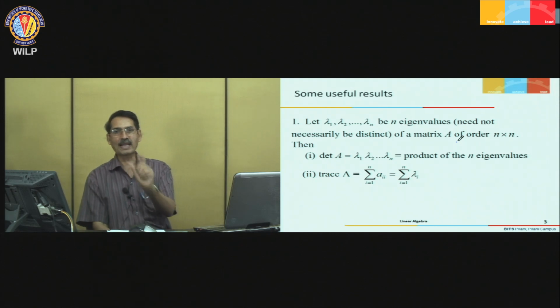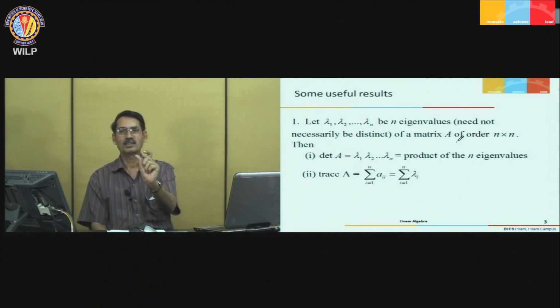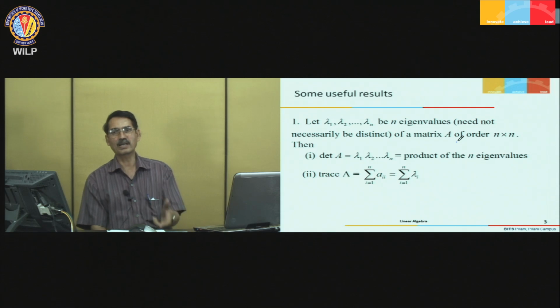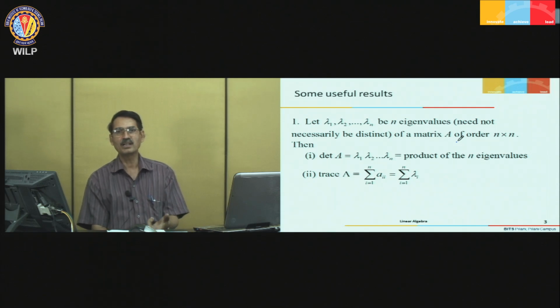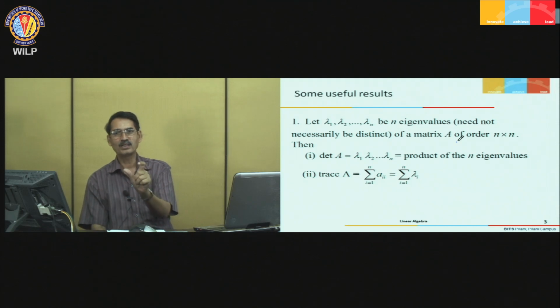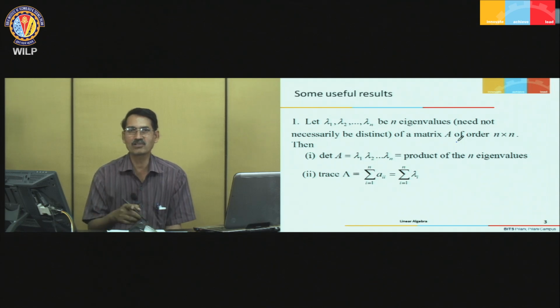So, remember, if all eigenvalues of a matrix are known, then the determinant of the matrix is also known; it is just the product of all eigenvalues. Similarly, if all eigenvalues are known, then we can see immediately what the trace of the matrix is. Trace of the matrix means the sum of the diagonal elements, that is, the principal diagonal elements. That is equal to the sum of all eigenvalues.